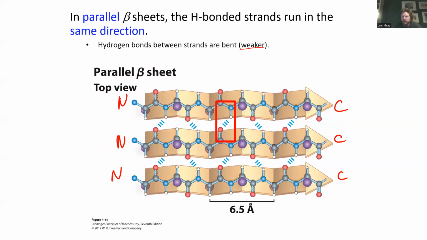Now, if we go back, okay, how do we get a parallel beta sheet? Well, one way that you could think about it and visualize a polypeptide is N, and basically at the end of the day, we want something that looks like this, where two strands are in close proximity to one another. They can hydrogen bond with one another.